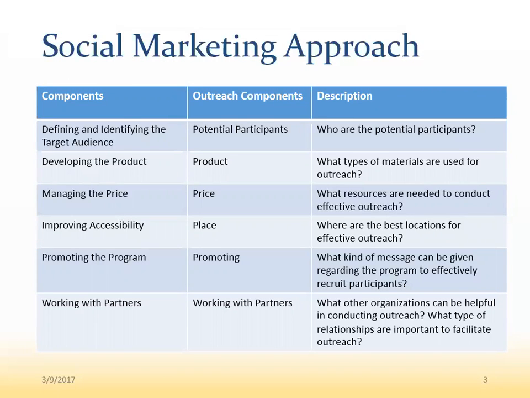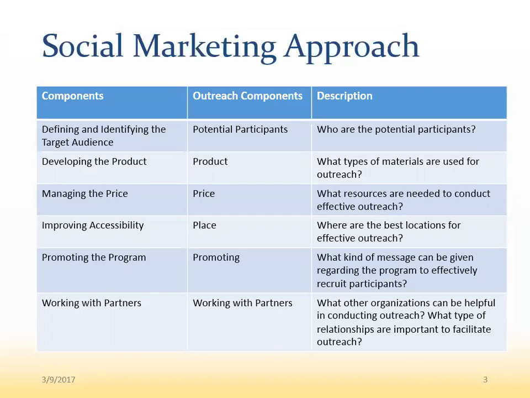Some organizations may choose, for example, to hire somebody who's solely dedicated to outreach. At the individual level, it ties into incentives, and incentives don't have to be things you give people. It can be incentives in terms of getting more timely care or something along that vein.